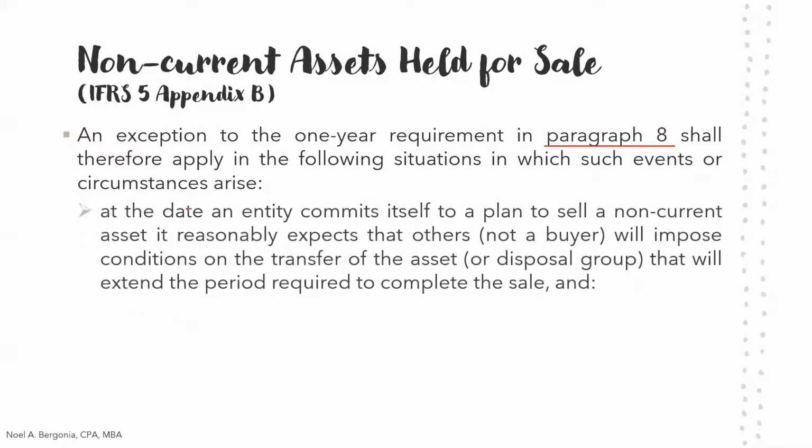At the date an entity commits itself to sell a non-current asset, it reasonably expects that others, not a buyer, will impose conditions on the transfer of the asset or disposal group that will extend the period required to complete the sale. So ayun, baka possible na mayroong imposed conditions on the transfer of assets and kailangan pa nilang i-fulfill yung mga imposed conditions na yon.